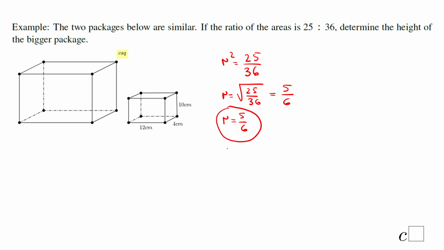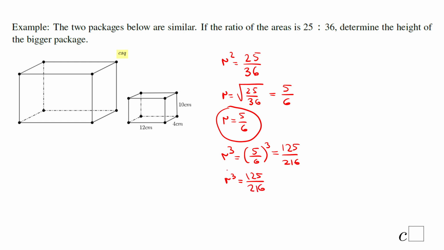How can I find the ratio of the volume? You cube these guys if you need, and this will be 125/216. Sometimes you're going to need this, r cubed. So you see, you get one of them, you can get the other two. In this case, we have r squared.